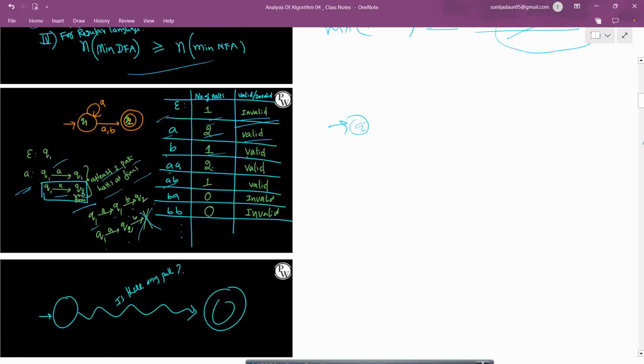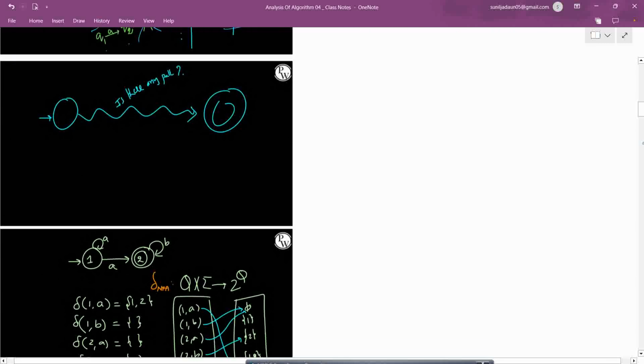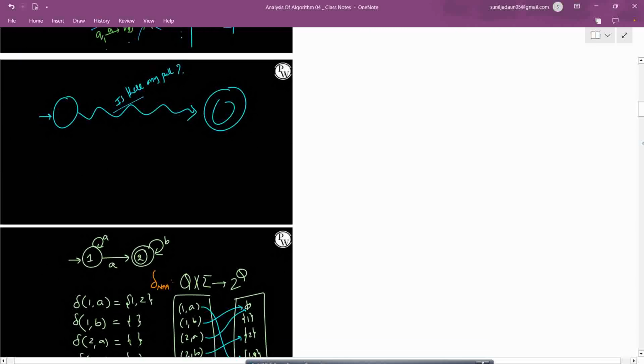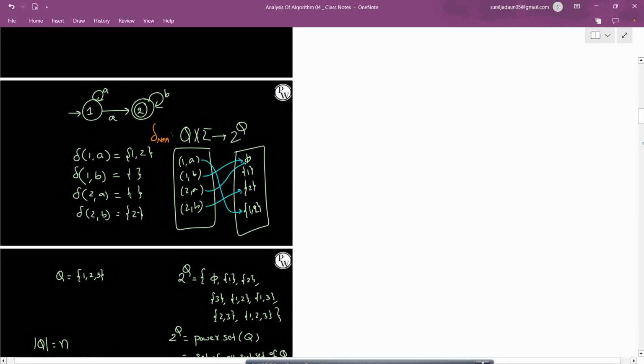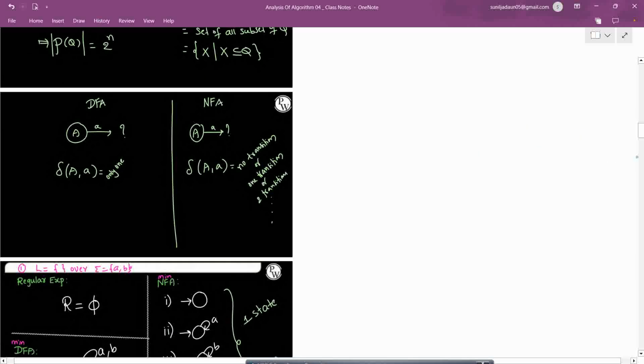For AB there is 1 path only. For BA, 0 paths. For BB, 0 paths. Is there any path? So for this, let's say this is a transition rule from Q to the set of states.